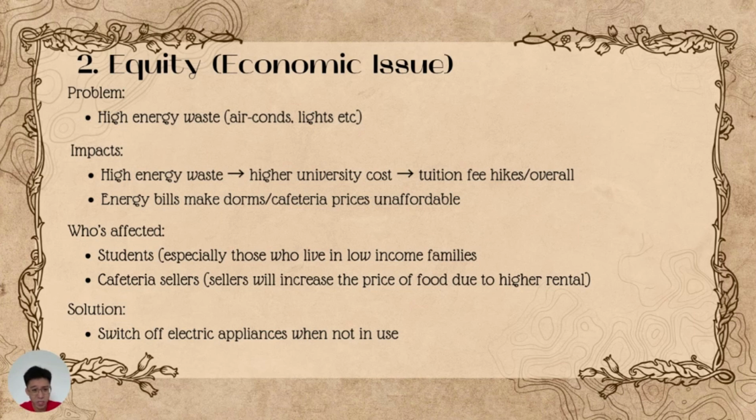This will affect the students, especially those from low-income families, and also the cafeteria sellers. The cafeteria sellers will increase the price of food due to higher rental, and lastly, the cost will still be turned back to students or staff who always eat their meals in cafeterias. The solution to overcome this issue is by switching off electrical appliances when not in use.